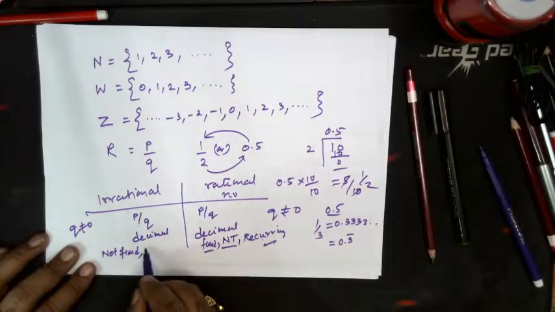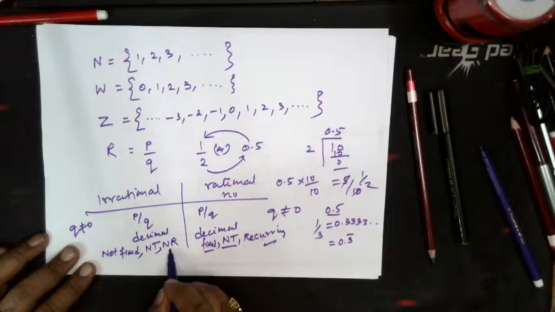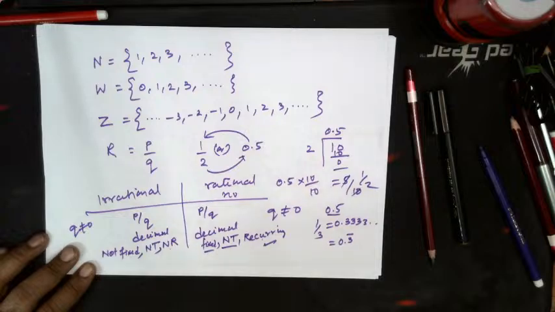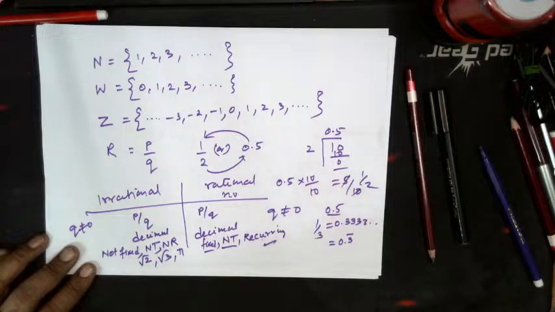Then it is non-terminating. As well, it is non-recurring, NR. Okay. For example, here you can include square root 2, square root 3, pi value. So these are all having decimals but non-recurring. There won't be any pattern.